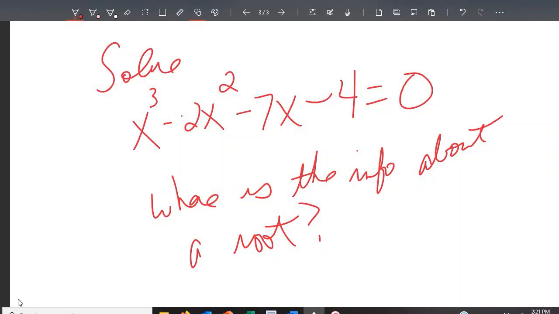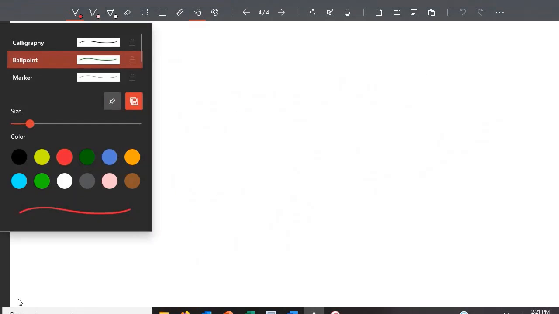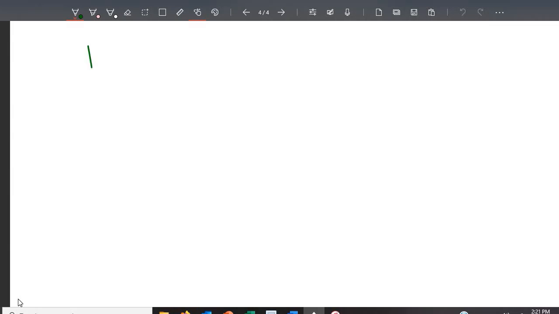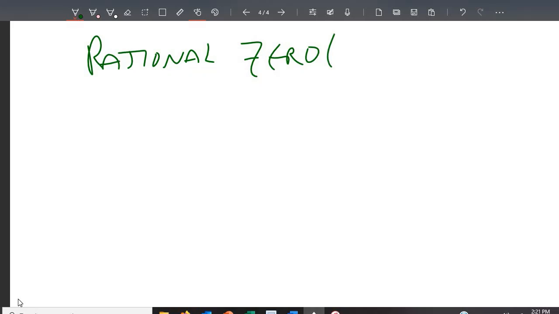So, what we have to do is something called the rational zero theorem, or the rational root theorem.